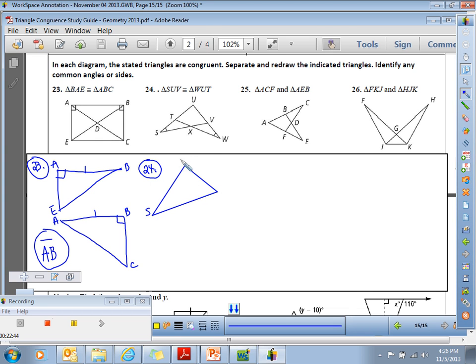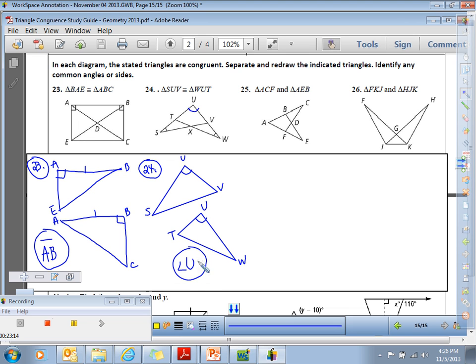Okay, so S, U, and V, and then triangle WUT. So W starts here to U, U to T, T back to W. Okay, and they both share that angle U, both triangles. So U is congruent to U for 24.